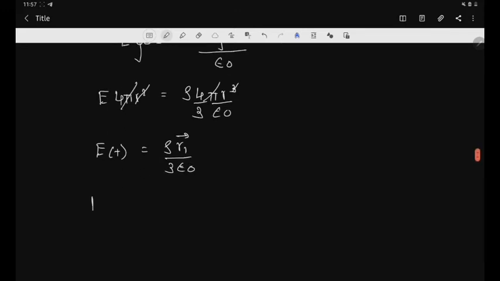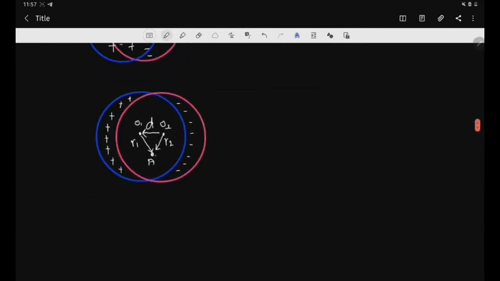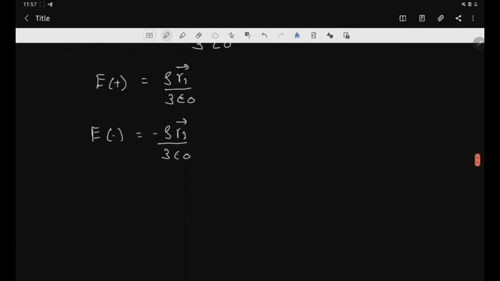Similarly, we can write for the negatively charged sphere as minus rho r2 divided by 3 epsilon naught. And now we want the net field because of these two spheres, because we have combined these two spheres and we want the field at this point A. So the net field due to these two will be E plus E of this minus.